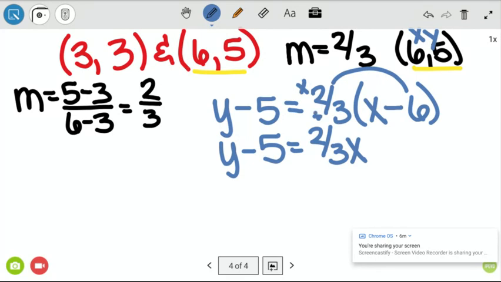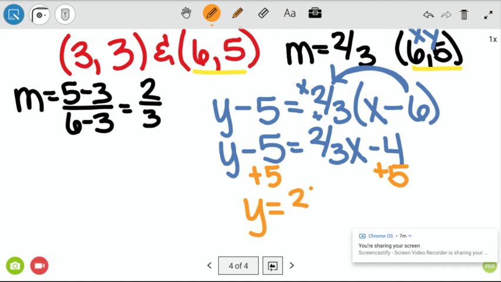So negative 6 times 2 is negative 12, divided by 3 gives me a negative 4. And then our last step, add 5. And our final slope-intercept form becomes y equals 2/3 x plus 1.